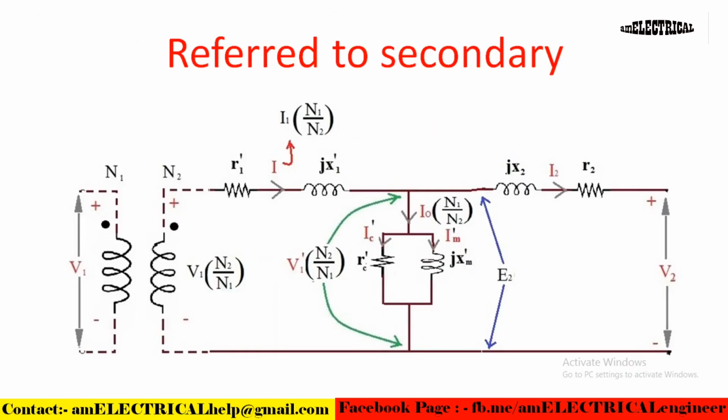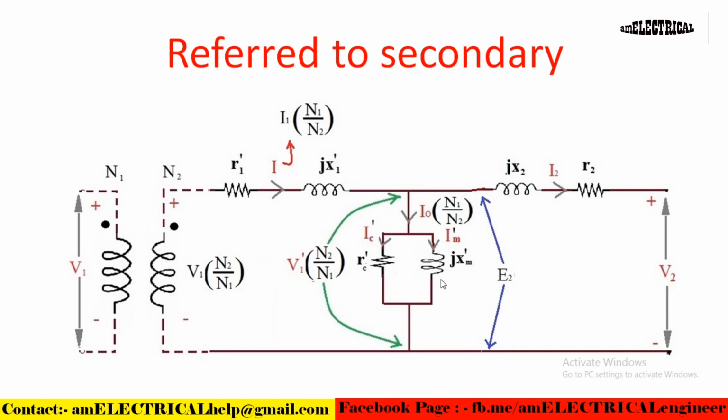Here the core part will also be referred, and their values will be like this: RC dash equal to RC multiplied by K square, and similarly XM dash will be equal to XM multiplied by K square, where K equal to N2 divided by N1.